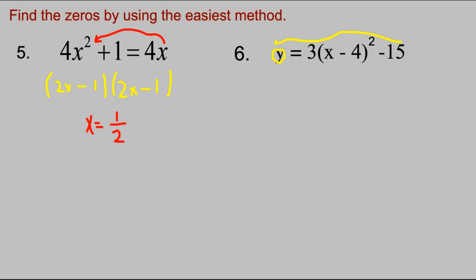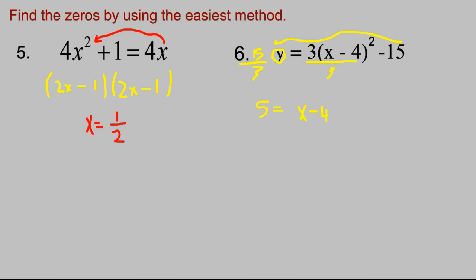So we add the 15 over, and then we move the 3 over by dividing by 3. So basically, on this side over here, we have a positive 15 divided by a 3, which ends up being 5. So we have 5 equals x minus 4, the quantity squared.